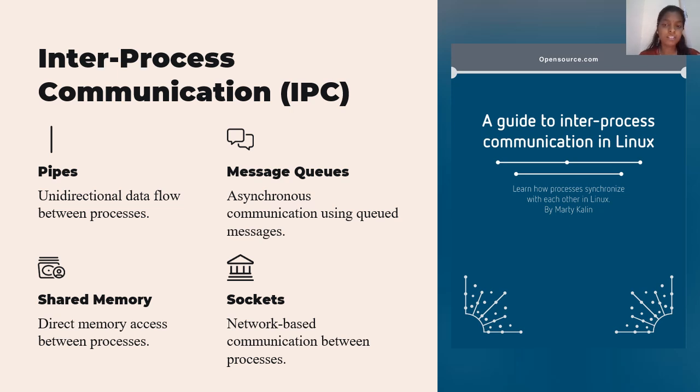And the next is sockets, network-based communication between processes. A guide to inter-process communication in Linux. This is a picture which represents inter-process communication and how processes synchronize with each other in Linux.